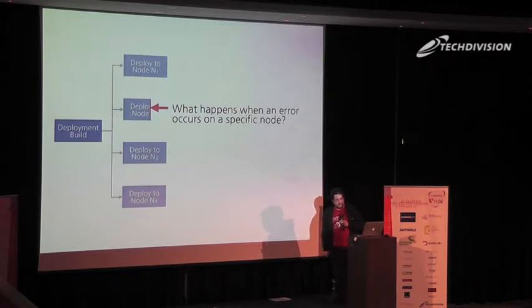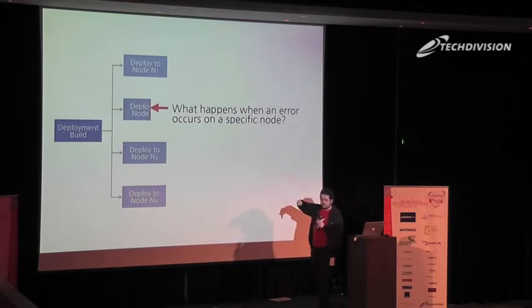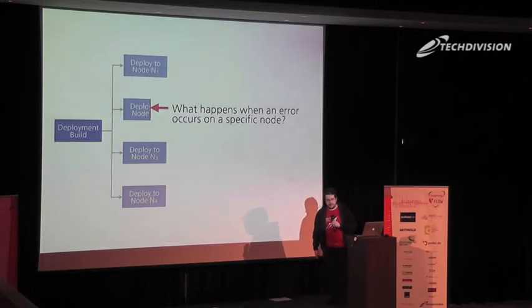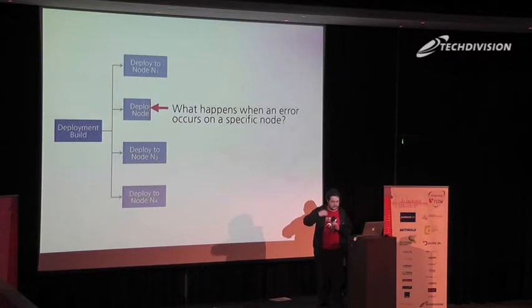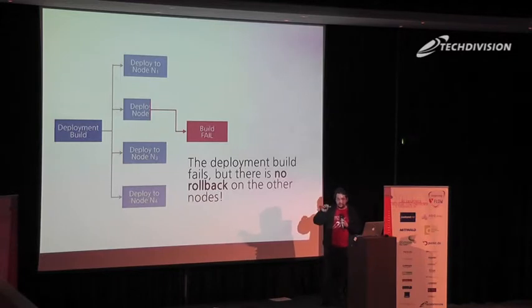The problem is that when all these builds run in parallel and independent of each other, the deployments on nodes 1, 3 and 4 won't know that the deployment to node 2 failed. What TYPO3 Surf usually does when there's an error is roll back all stages that it has already run through. Of course, this doesn't happen when doing this in parallel. So yes, the Jenkins build fails, there's a red light going on, and on the node where the deployment failed you actually have the rollback, but not on the other nodes.